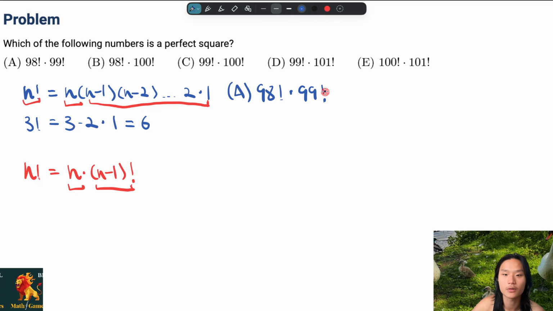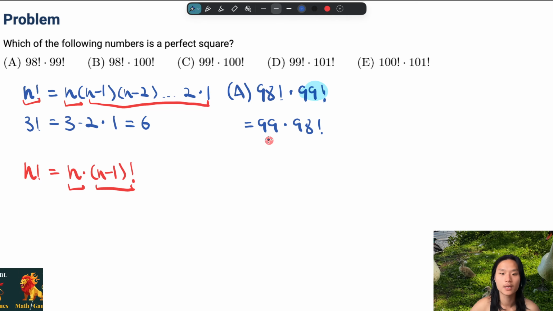So with that out of the way, let's think about option A, which is 98 factorial multiplied by 99 factorial. I'm going to break down the bigger number, because we can write 99 factorial as 99 times 98 factorial. We have applied this fact here. So 99 multiplied by 98 factorial and then multiplied by 98 factorial.